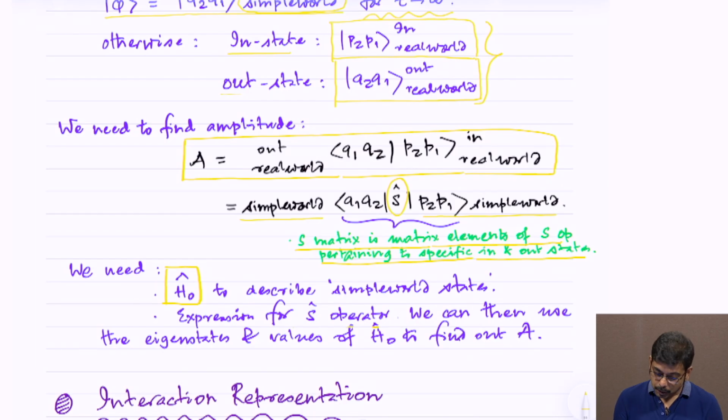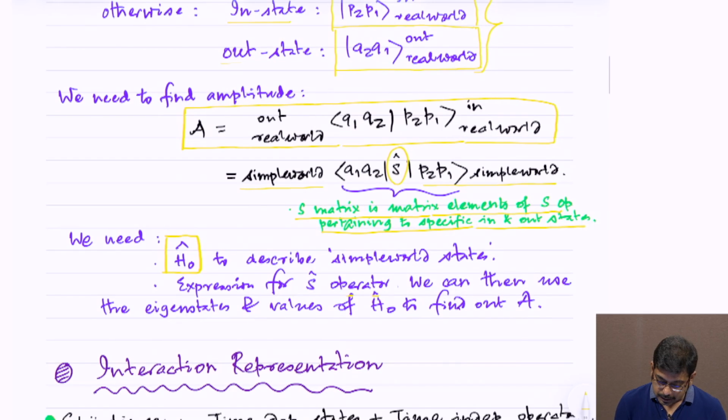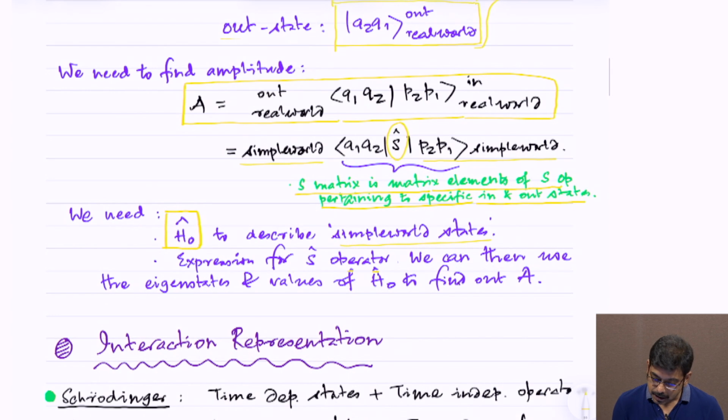What we basically need is this H0 to describe the simple world states, whereas for the expression of the S operator we actually require the eigenvalues and the eigenstates of H0 to find out this amplitude. So, in this way we have to find the expression of the S matrix.